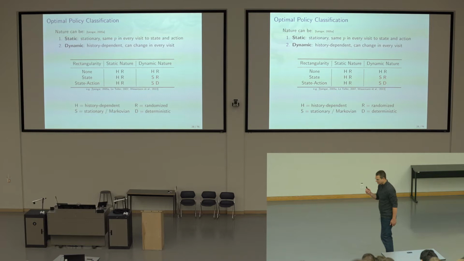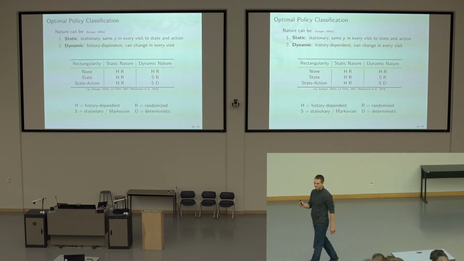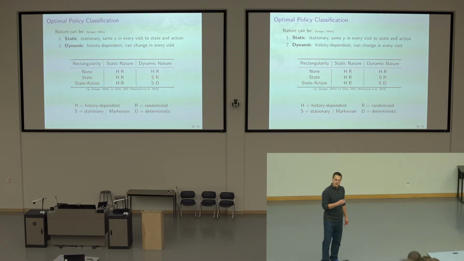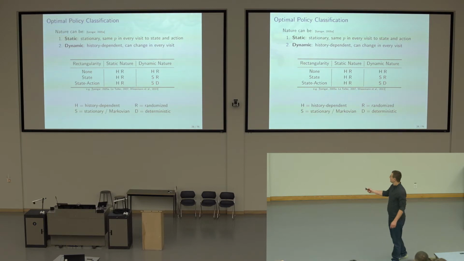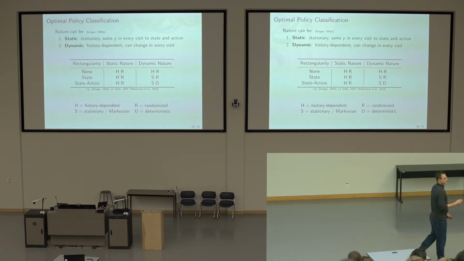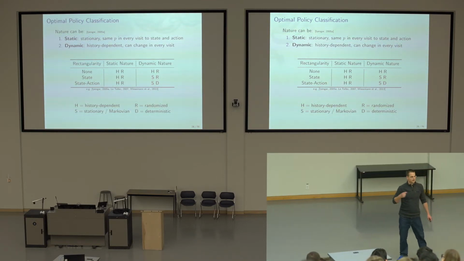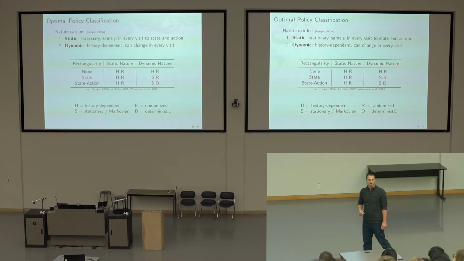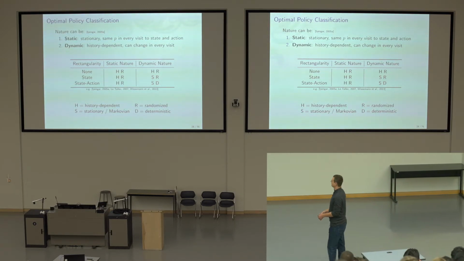And it turns out that if the nature is static, your optimal policy is not going to be the kind of policy we usually see in RL. The policy is going to be history dependent, because every time you visit a state, you learn something about what nature did. And then you need to change your actions based on what you saw in the past.